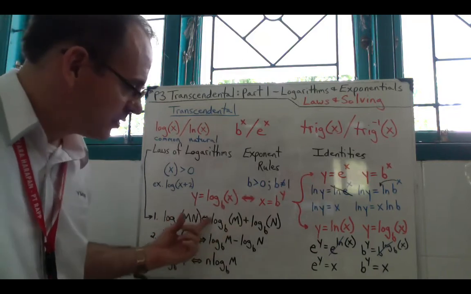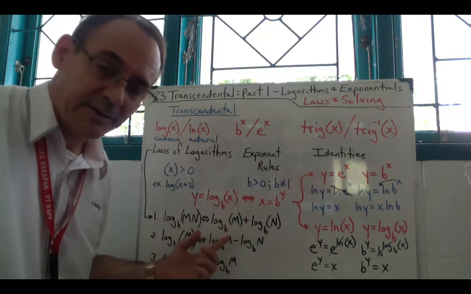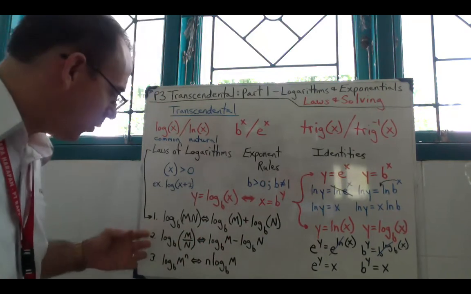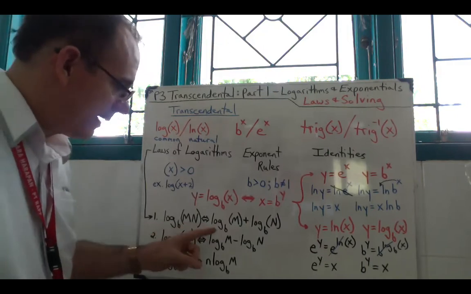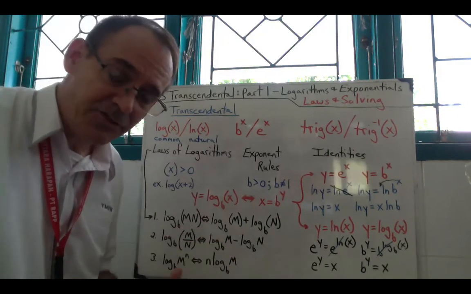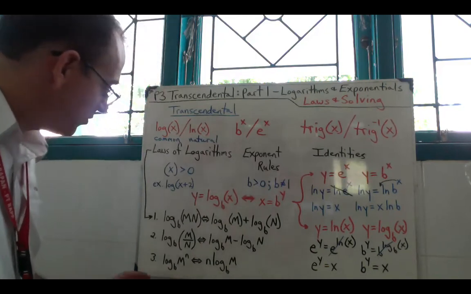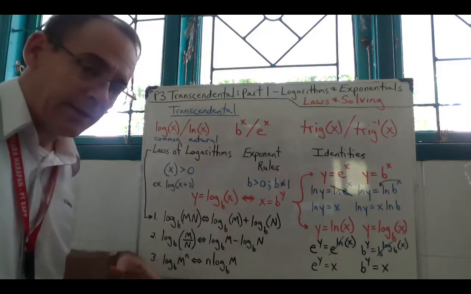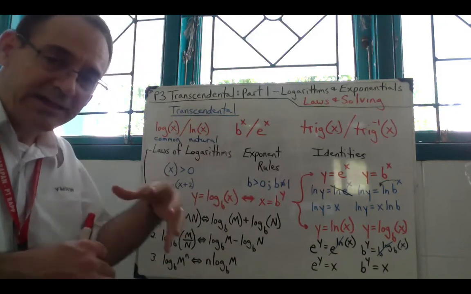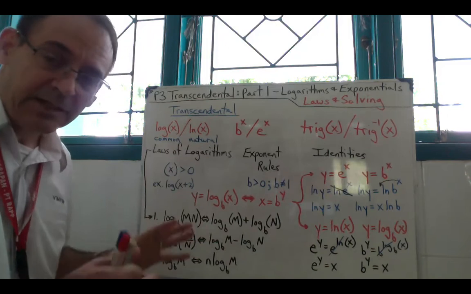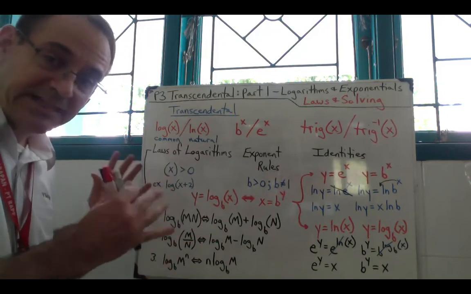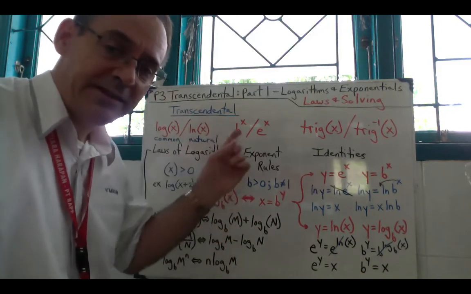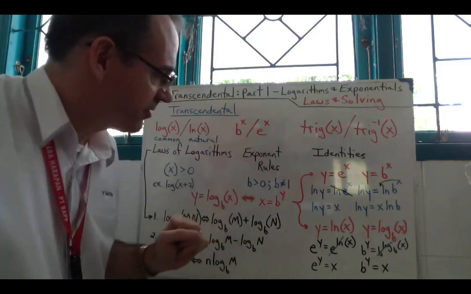So maybe you need to condense a logarithmic statement into one logarithm, or you might want to expand the logarithm into its various parts. These are three very important laws that help you manipulate the logarithmic setting, and your exponent rules help you to navigate exponentials.